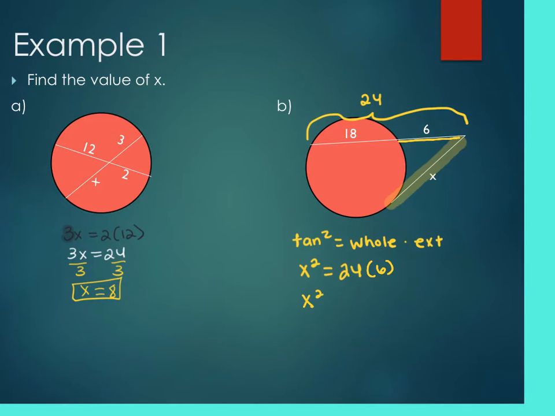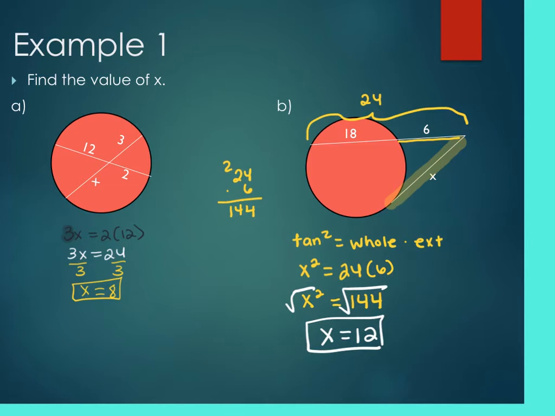And I get X squared equals, now I can multiply out that 24 and the 6, so 24 times 6, and I get 144. And this time it's a perfect square, so when I square root, I get a nice round number.